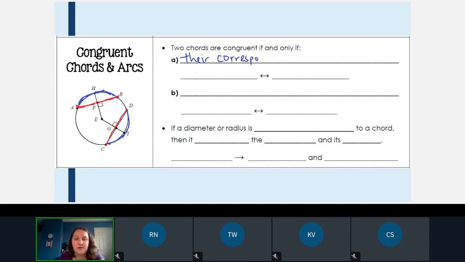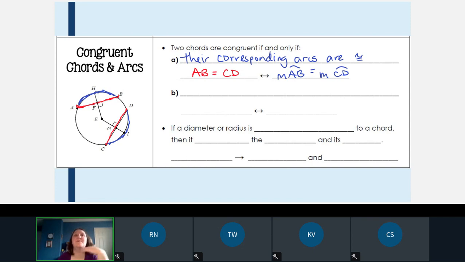Their corresponding arcs are congruent. So in this picture, AB will equal CD. Those chords will be equal if and only if the measure of arc AB is equal to the measure of arc CD.